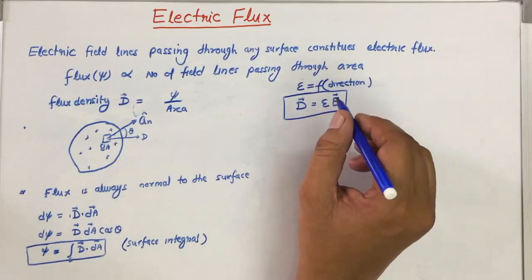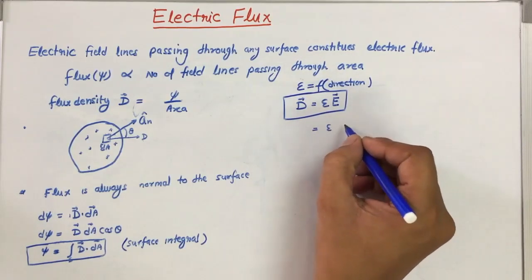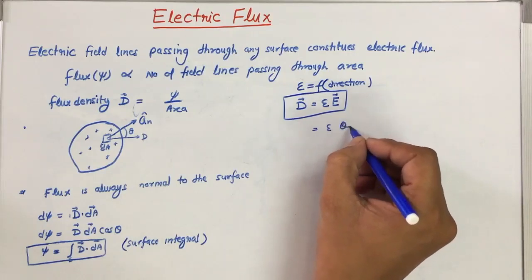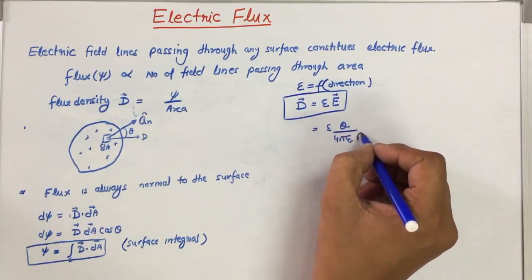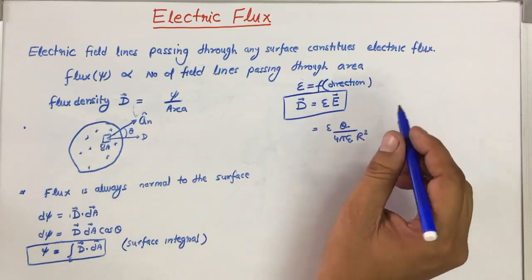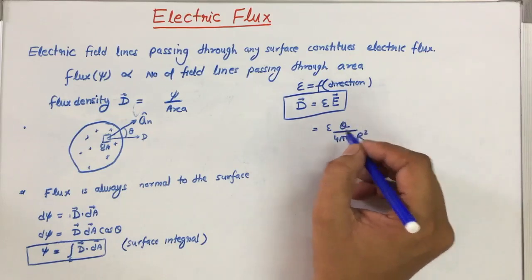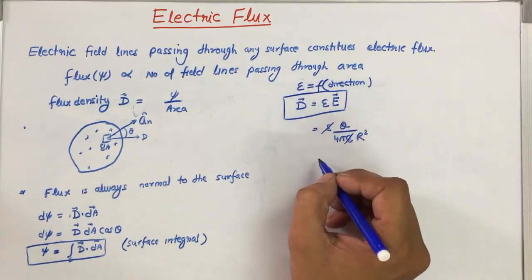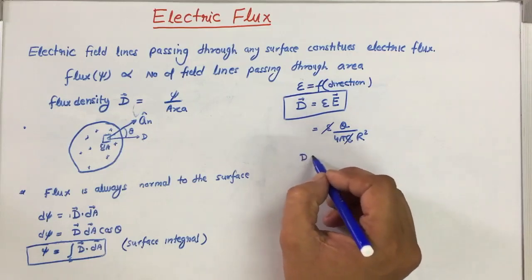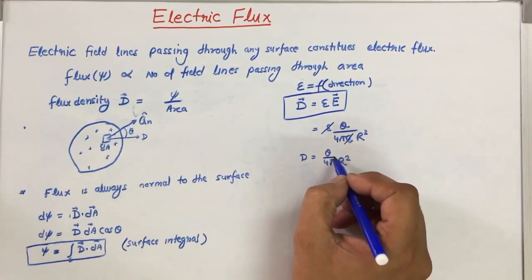Okay, and we know E is Q by 4 pi epsilon R squared, and from here epsilon is cancelled out and we can say D will be equal to Q by 4 pi R squared.